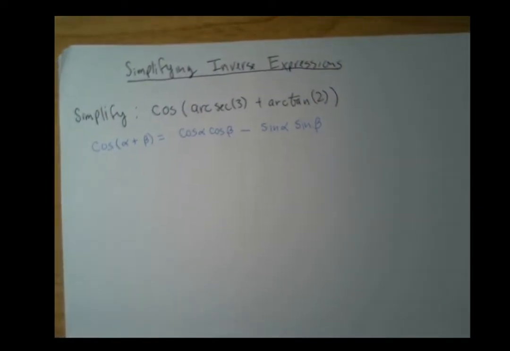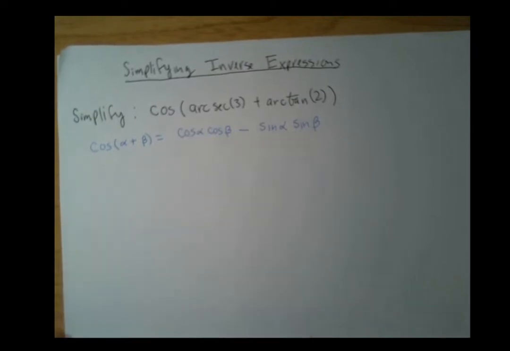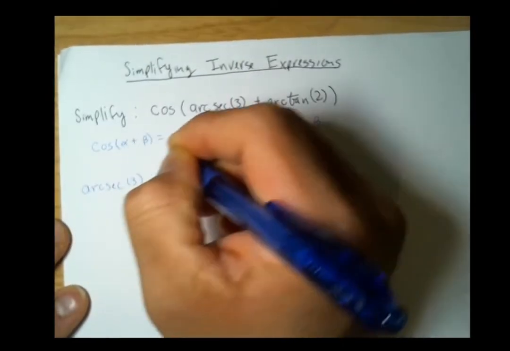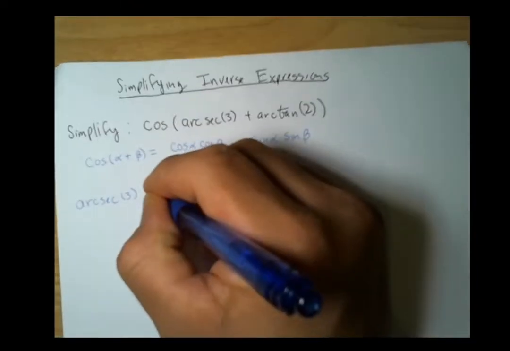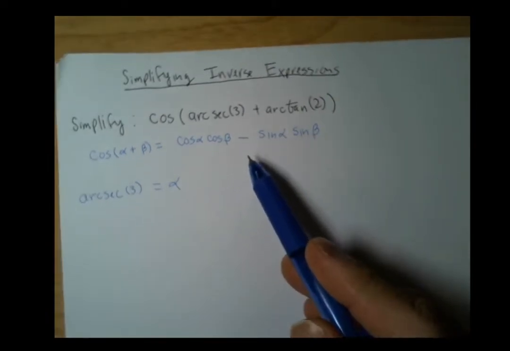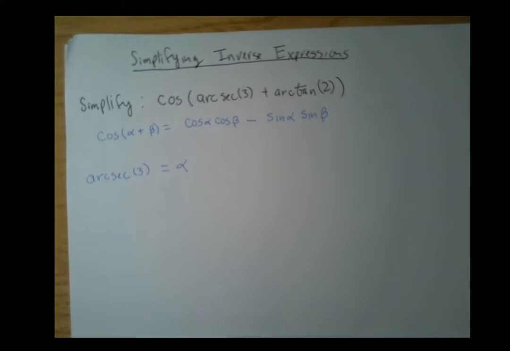If I look at the two inputs here, the arcsecant of 3 and the arctangent of 2, let's take a look at the arcsecant of 3. The output here is some angle, I'll call it alpha so it matches up with our identity. So arcsecant of 3 is equal to alpha.